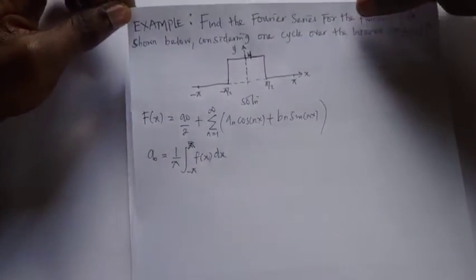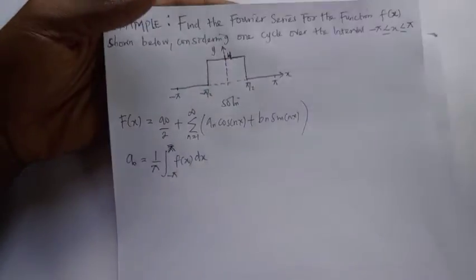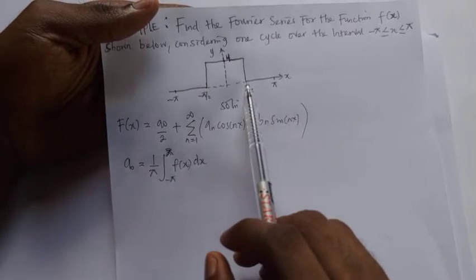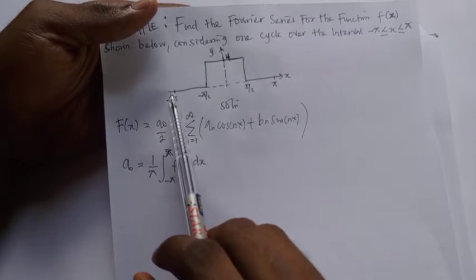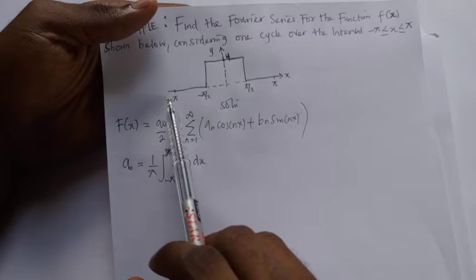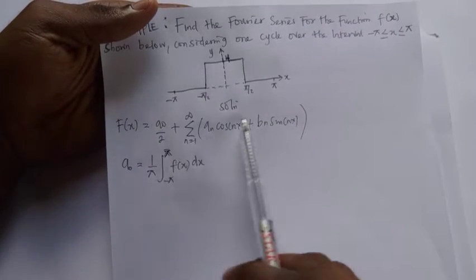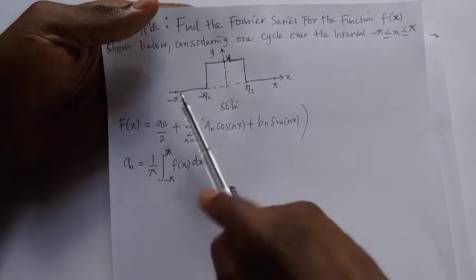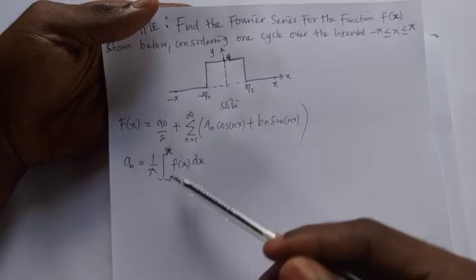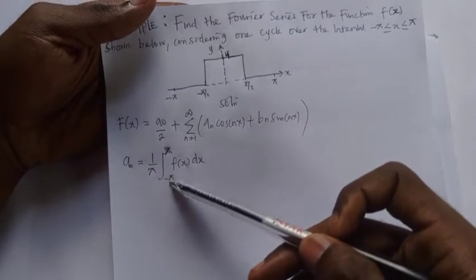We have to take the intervals into consideration, because before we get to this from minus pi to pi, there are other intervals within. So we are going to take into consideration all these intervals. So the entirety of these intervals gives the value of this limit.